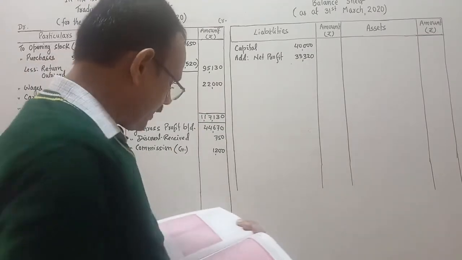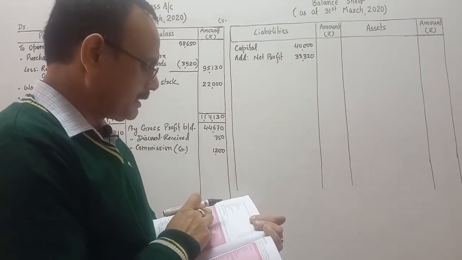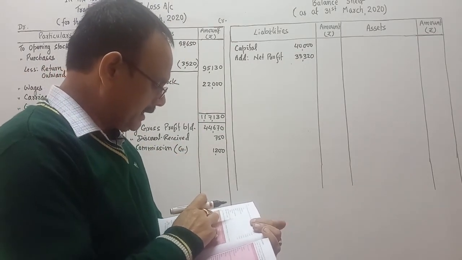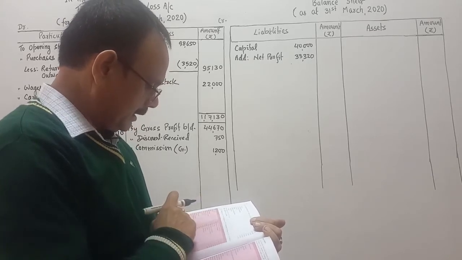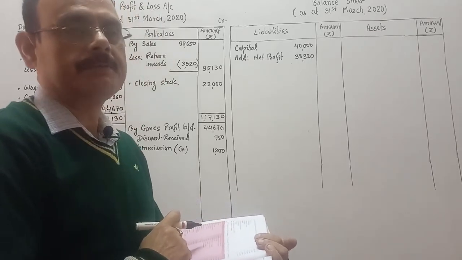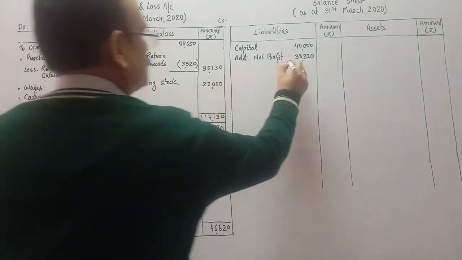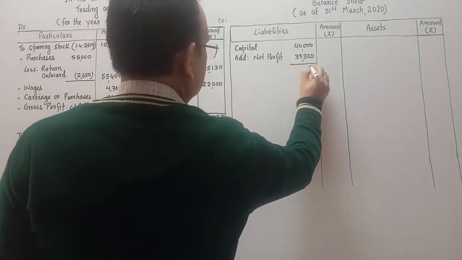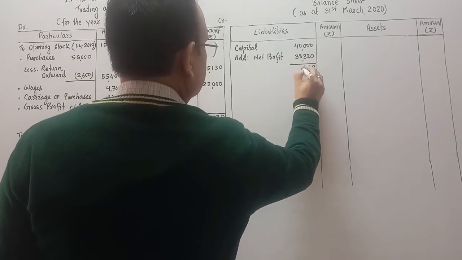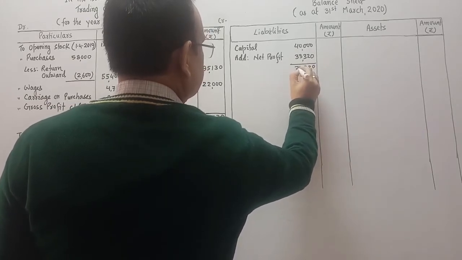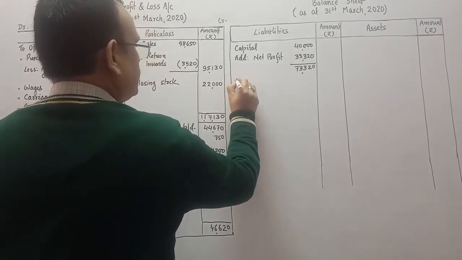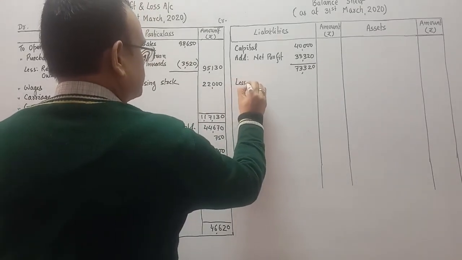If there is any drawings, that will be deducted. So see on the debit side, is there any drawing? Yes, drawing is given on the debit side at the bottom of the trial balance. So do the total first, 73,320, and deduct the drawings.